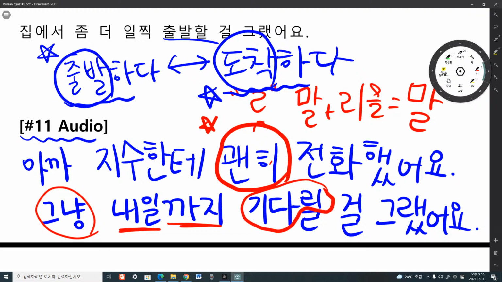To wait. 기다릴 걸 그랬어요. I regret not waiting by tomorrow. I should have waited by tomorrow. 그냥 내일까지 기다릴 걸 그랬어요.